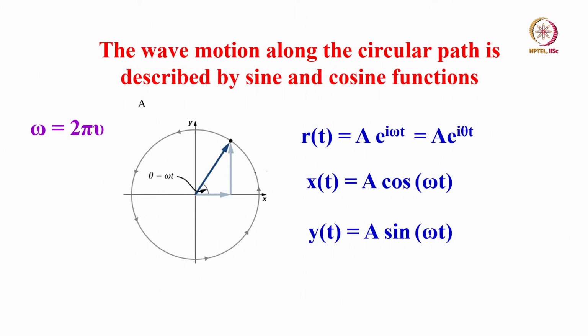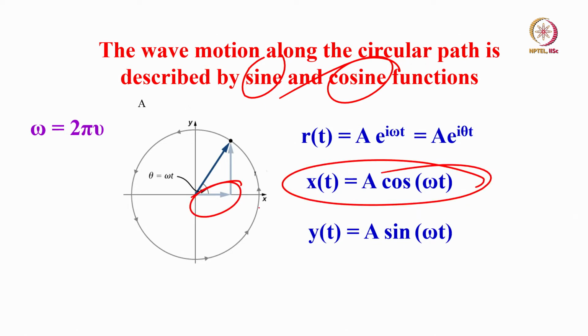Now we will go to motion in a circular path. It is described by a sine function and a cosine function again. The x component is again a cosine function. Let us say this is the object undergoing circular motion, and this hypotenuse I am going to call r of t.